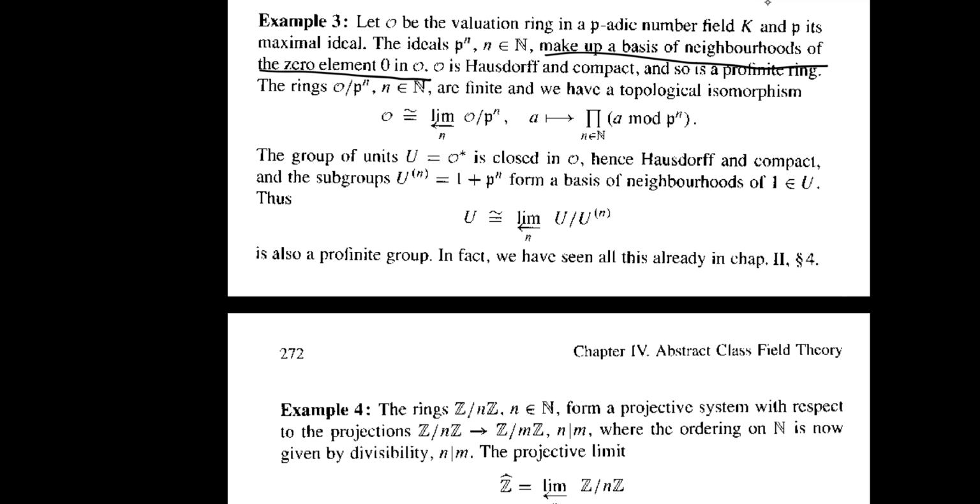O_K is Hausdorff and compact, so it is a profinite ring. It's a ring, and as a group it's profinite, so it's called a profinite ring. The quotient rings are finite. We have a topological isomorphism.